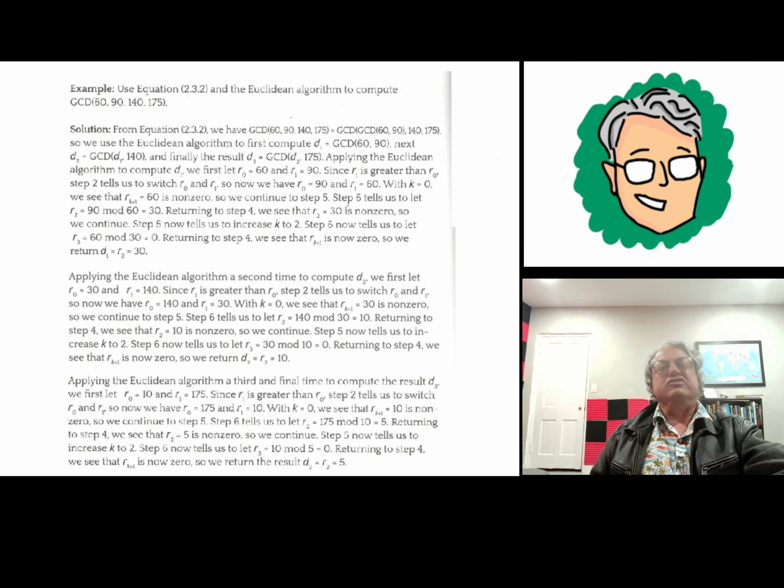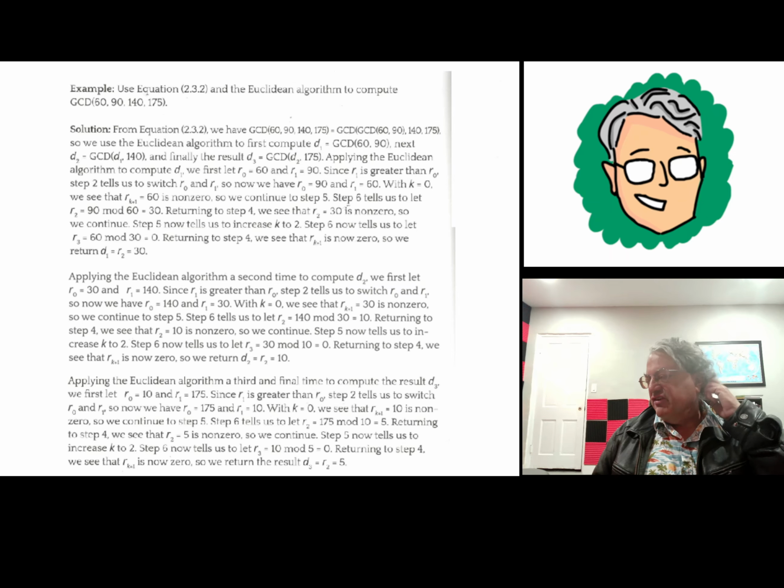Then I do an example involving four numbers, and it's the same idea. I think I will do this in reverse order, actually; I did it in the wrong order on this slide. Suppose we want to compute the GCD of 60, 90, 140, and 175. Let's start with 140 and 175, because I think that's a better way to do it.